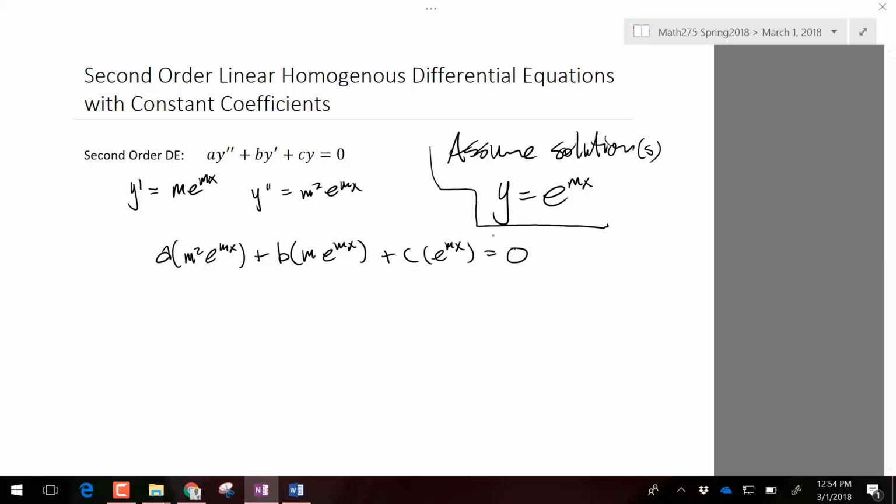So if we factor things out, then the m that we were trying to solve for forms an expression with the m. And we could take the e to the mx out because we could divide it. We know that that's never going to be equal to 0, so that's not going to be an issue dividing that out. So we're really just looking at this and then finding m values.